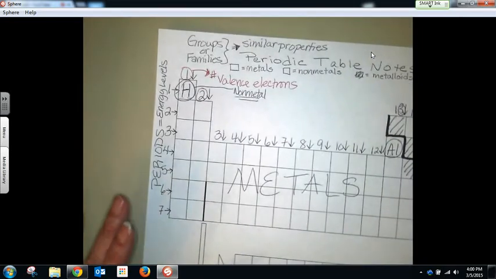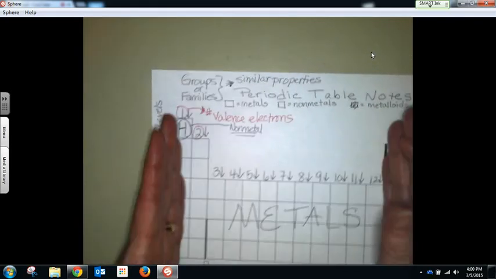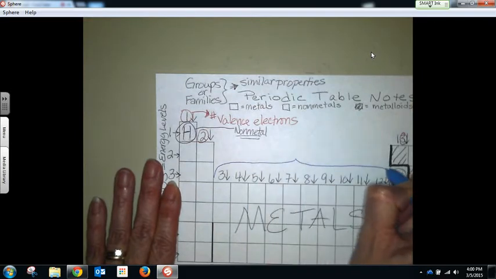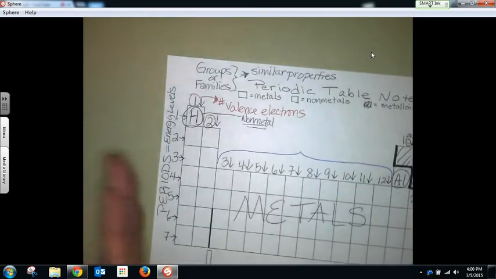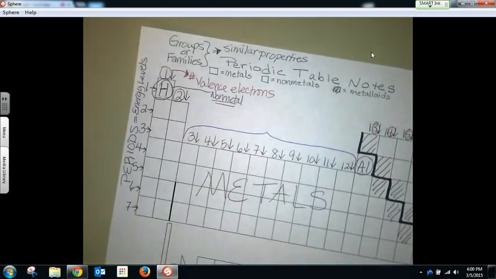Okay. The next thing is we have a special set of metals, and they are right here in the middle. They are the bridge. So this area right here, that bridge, so to speak, between the two big towers, is called the transition metals.